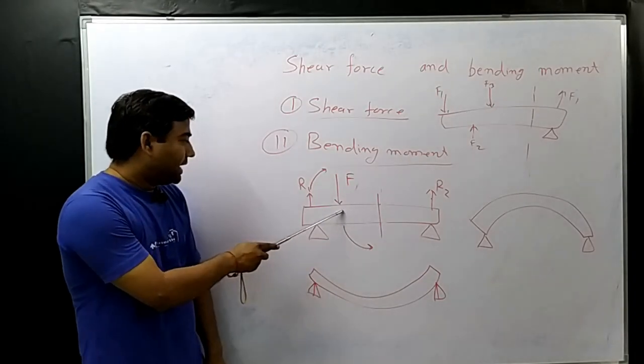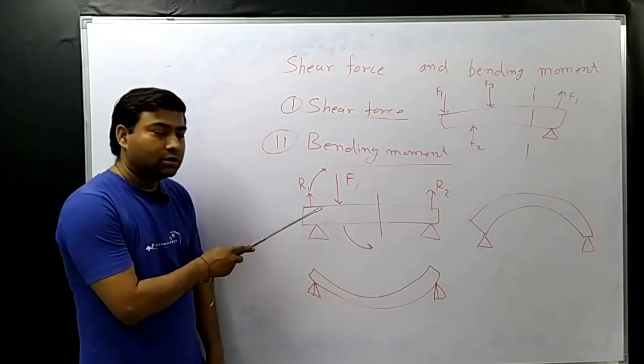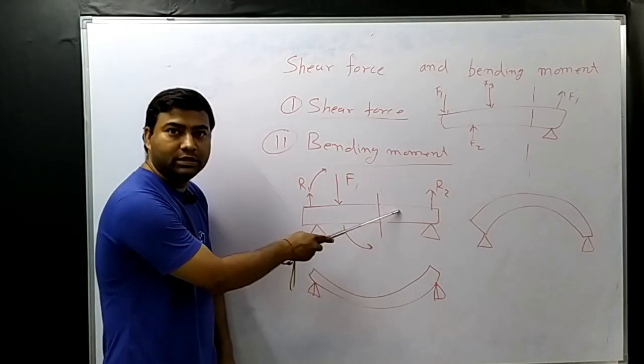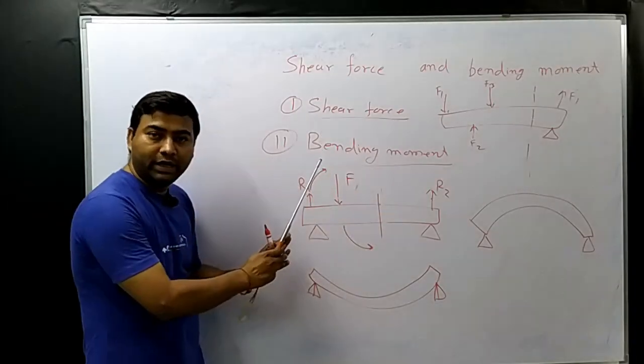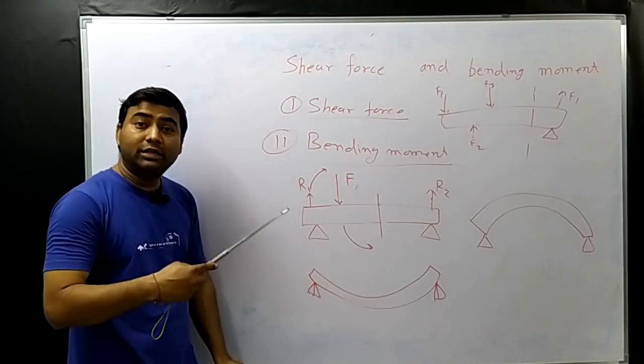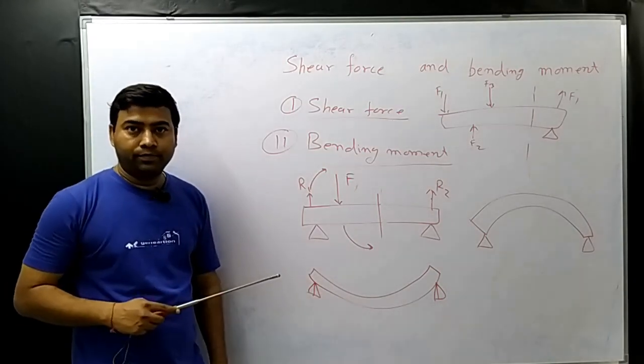So bending moment is nothing but the moment for any arbitrary section created by only leftward forces or only rightward forces, and both these leftward force and rightward force moments about this point are equal and opposite, and they are non-zero.